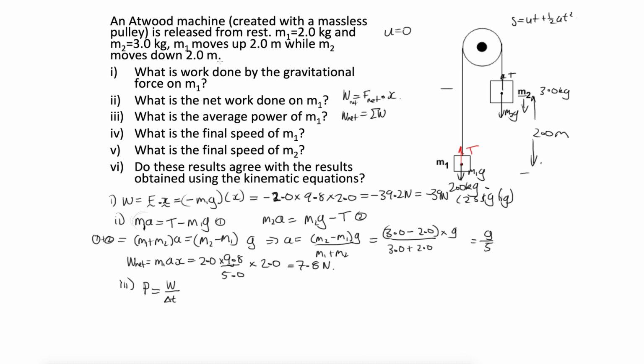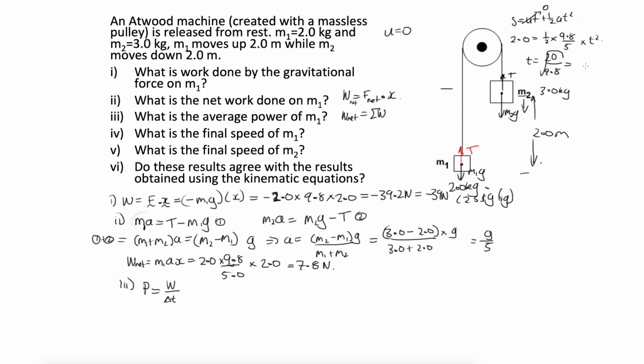Now it's released from rest, so u is 0, and we're trying to find the time. So we've got that the 2 meters is equal to a half times the acceleration, which is 9.8 over 5, times t squared. And so we can say, well, t is equal to, so 2 times 5 is 10, so that's 20 divided by 9.8, and then take the square root of this.